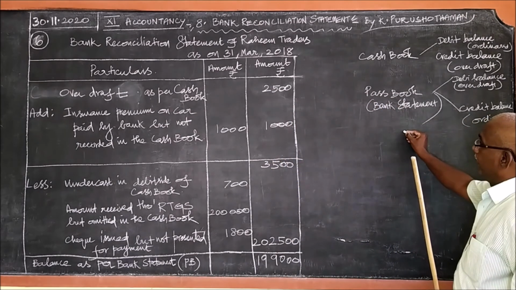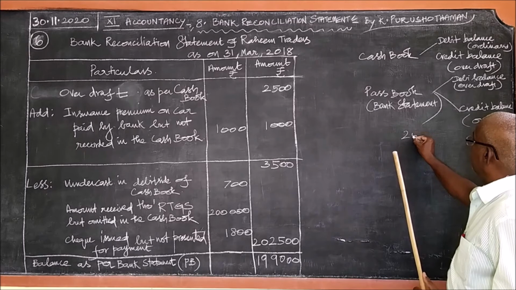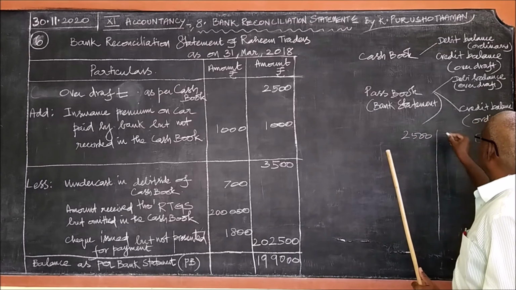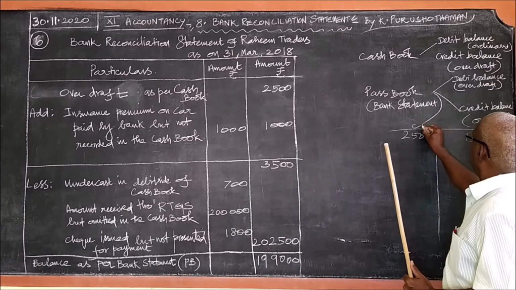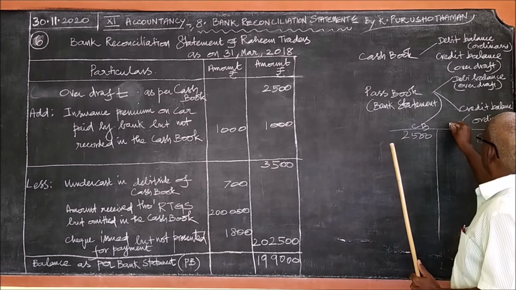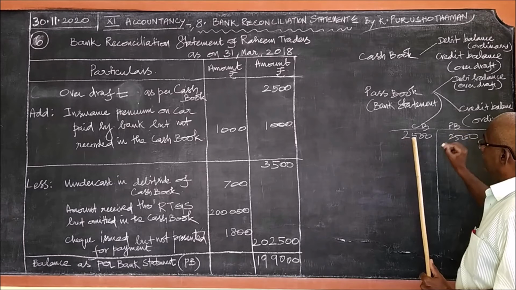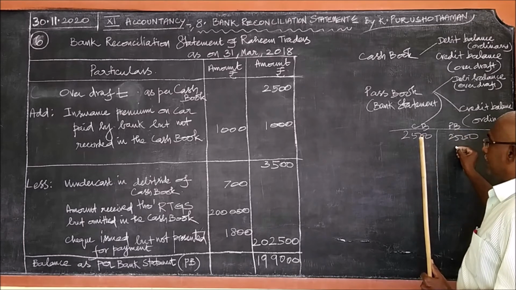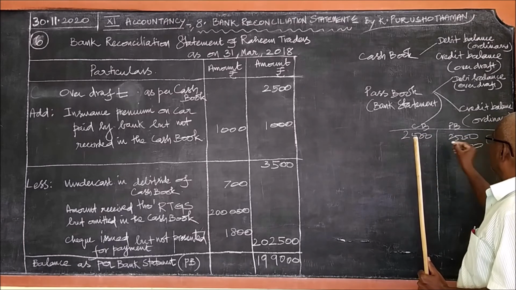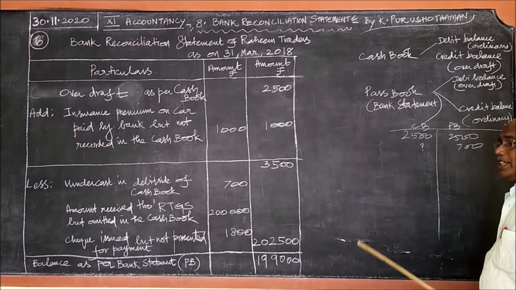Cash book, see the balance, say for example 2500. Cash book, passbook, the equal balance is there. Here they have added this 700. But it is lesser.